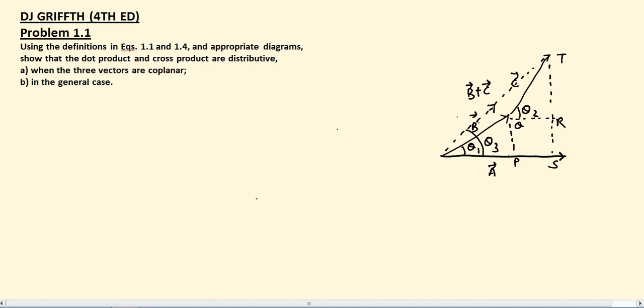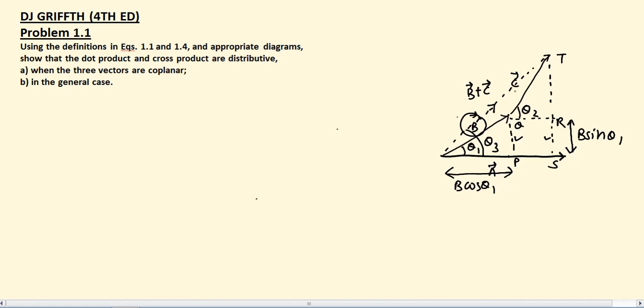Now resolving this vector, we will have this segment B cos theta 1 and this segment is B sin theta 1.